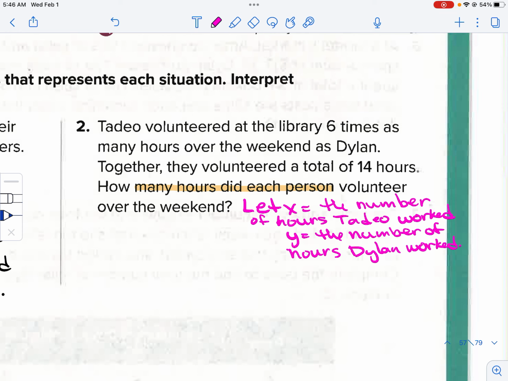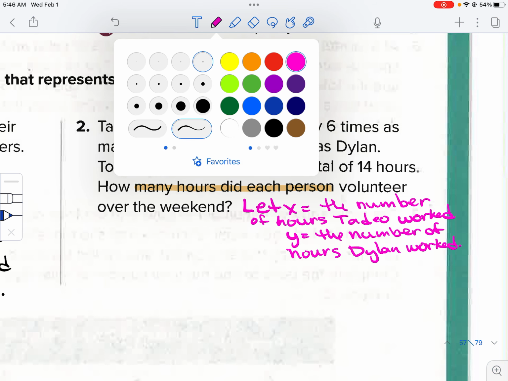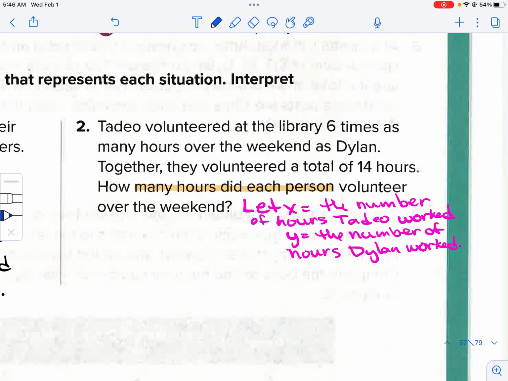I don't know if you remember, but verbs a lot of times are going to be our equal sign. I'm going to look at the sentence and interpret the sentence. So Tadeo, we decided that Tadeo was x, so I'm going to put x. And then it says volunteered, so I'm going to put an equal sign. And it says 6 times as many hours over the weekend as Dylan.